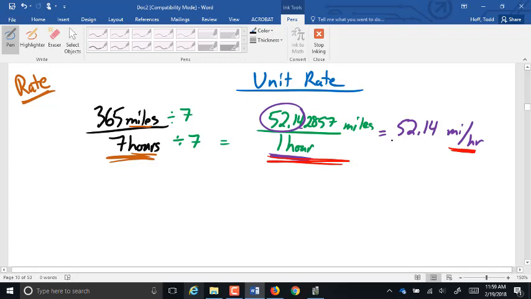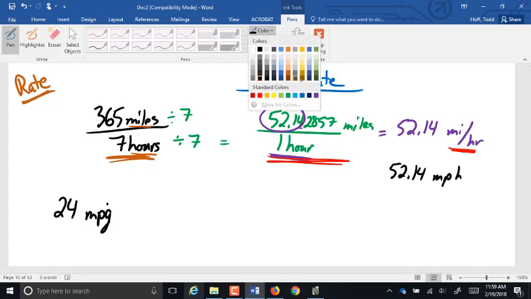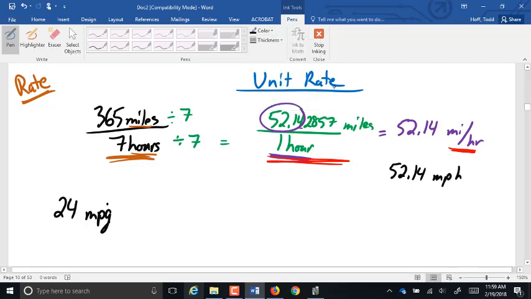In fact, we often will go a step further. Rather than writing it as miles/hours, we might even do this, 52.14 mph, where the appearance of the fraction is gone completely. But you have to remember it is still there. Let's say that on this trip, we got 24 mpg. mpg, of course, stands for miles per gallon.